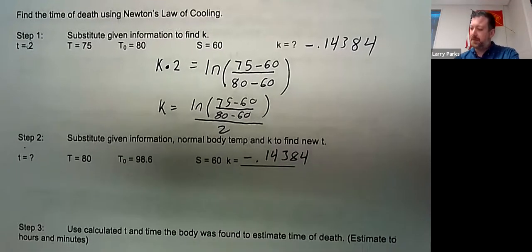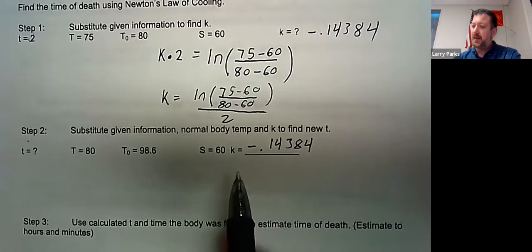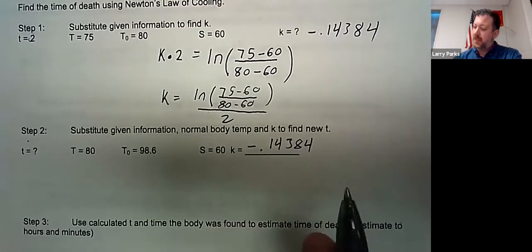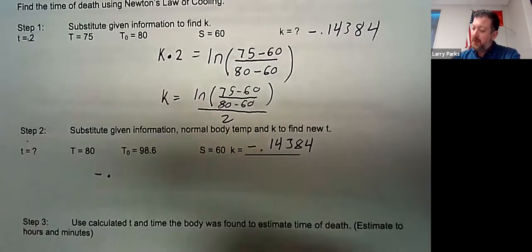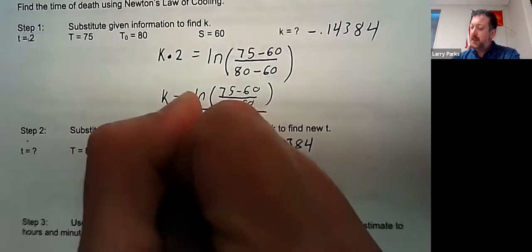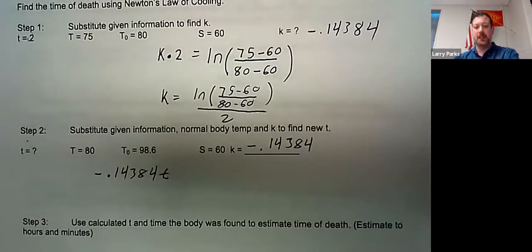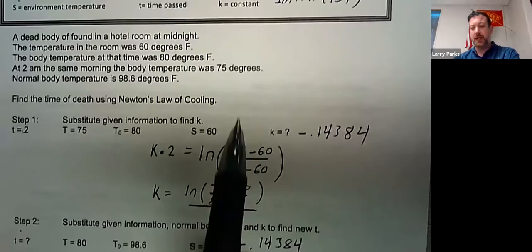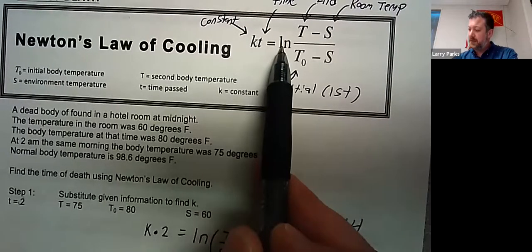So plugging in, K, which is negative 0.1438, times T, which we don't know what T is. And again, I'm using this formula. We know our K now, find T, and I'm going to put natural log.